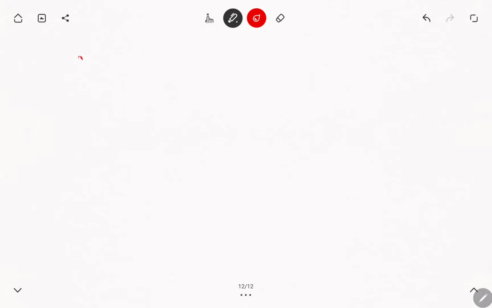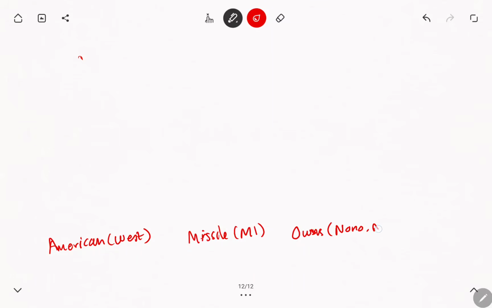So you start with the leaf level, I'll draw the tree. Basically American West, you start with the child nodes, right? Then missile M1, and then owns Nono comma M1, and then enemy Nono comma America.